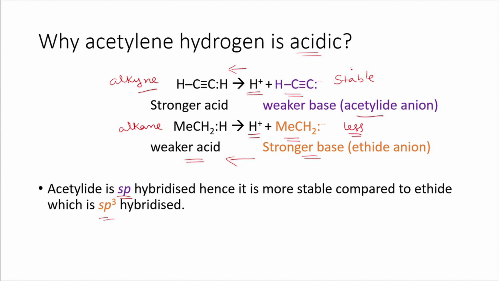Since this is more stable, this reaction occurs very effectively, and that is one of the reasons acetylene can easily give out the proton or the hydrogen, whereas an alkane cannot give that hydrogen that easily, because we are going to end up with a stronger base, but a less stable base. That is the reason alkynes can easily give the terminal hydrogen. In other words, they are acidic in nature.